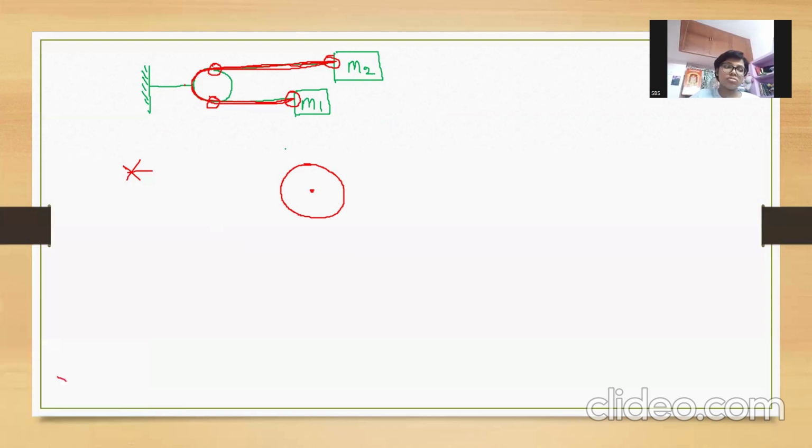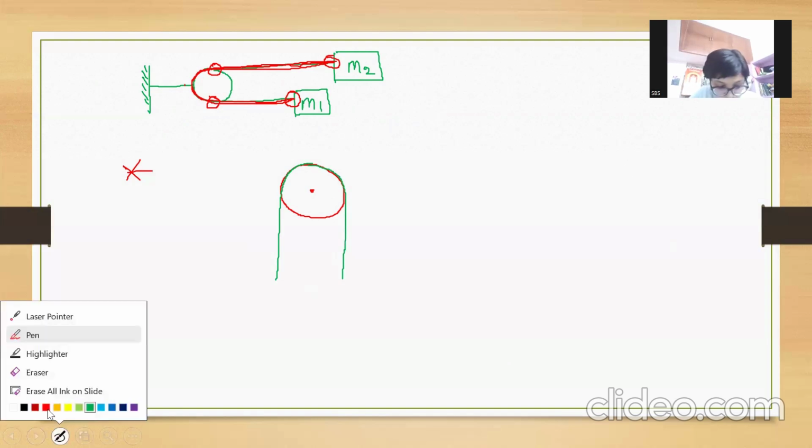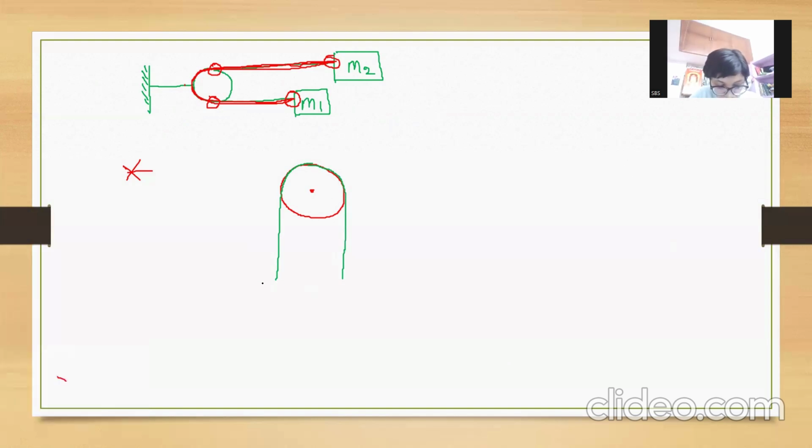There are two blocks connected by a string. These are the two blocks, M1, M2.